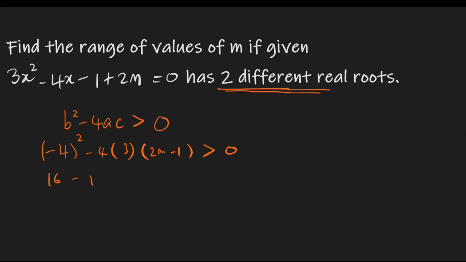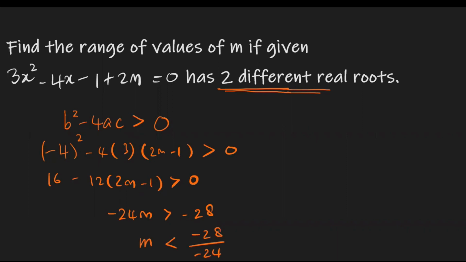Then we open up this thing here, truncating everything and putting the numbers to one side. Because I'm going to divide by a negative number, I will reverse my inequality sign, and simplify the fraction. That's what you have.